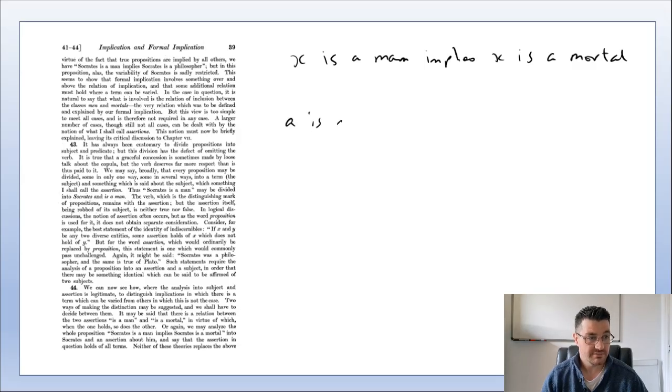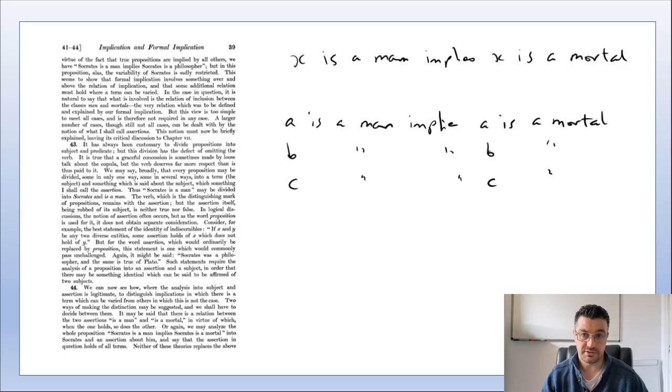A is a man implies A is a mortal. B is a man implies B is a mortal. C is a man implies C is a mortal, and so on and so on and so on.